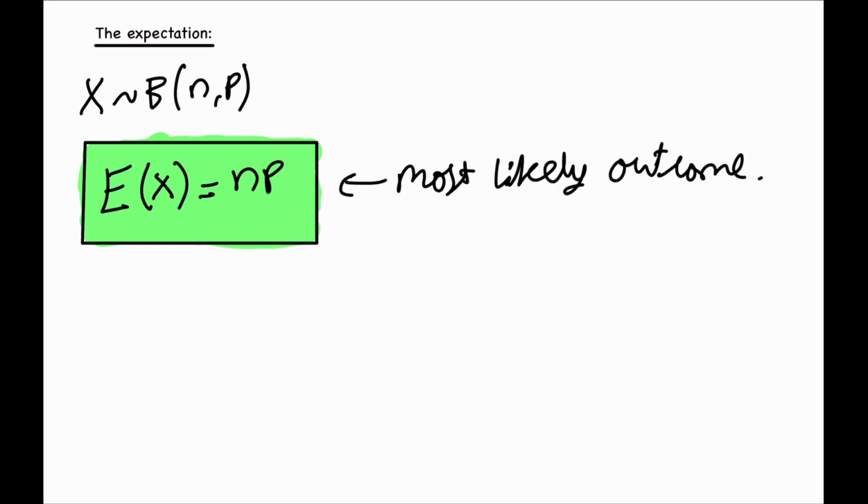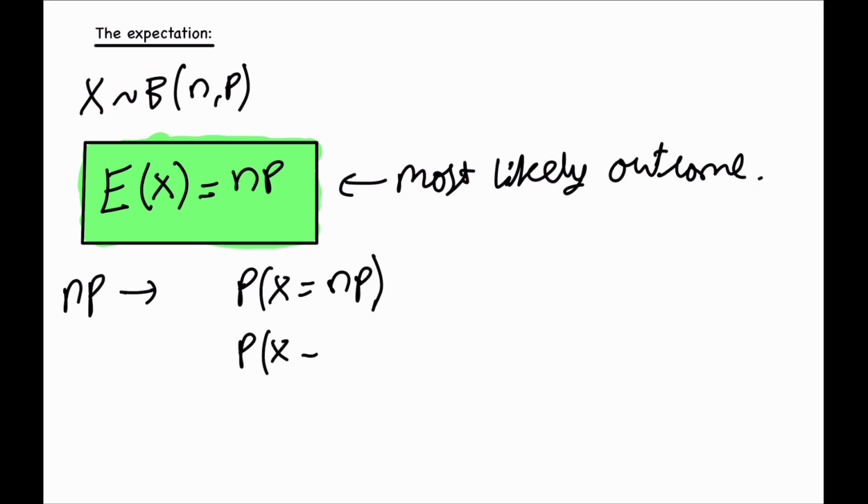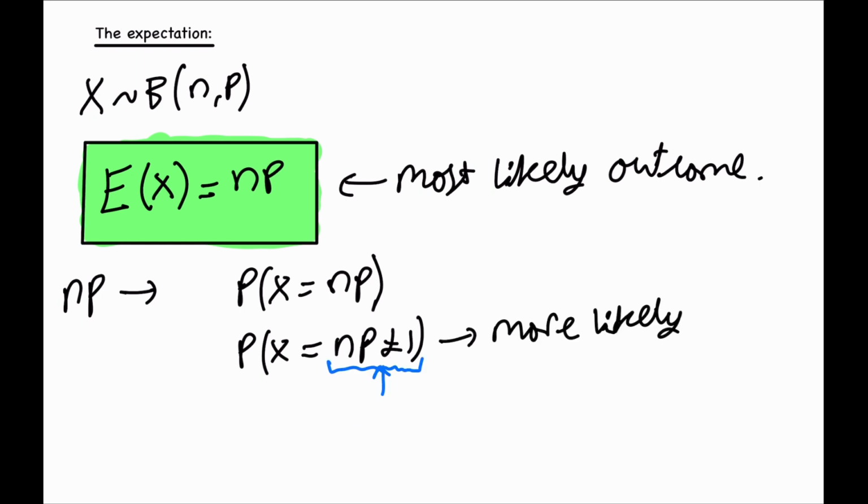So just to make sure, test your values around n and p. So if you get P of x is equal to np, and then you get P of x is equal to np plus or minus 1, and if this one is more likely, your value here is your most likely outcome. So now this is the expectation.